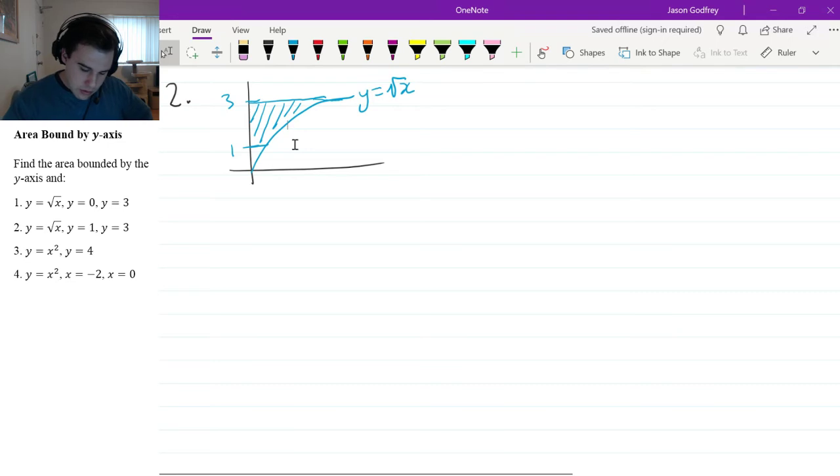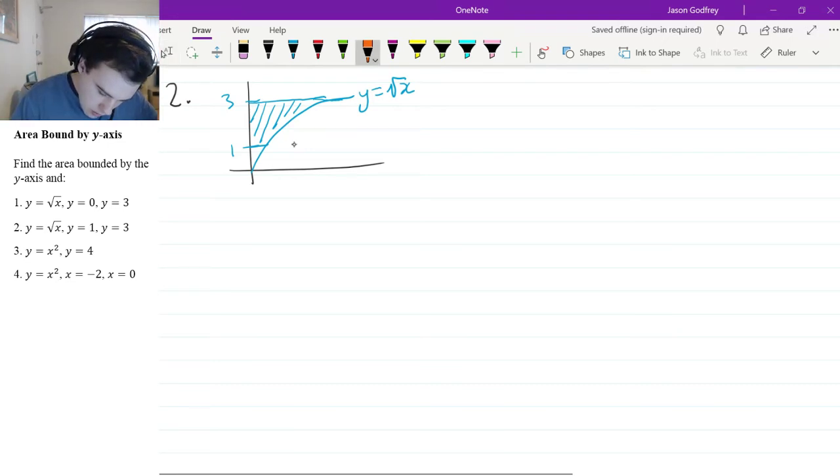Now with the rectangles it's a little bit confusing because you'd actually want to go from this point to this point, find this area under the curve.